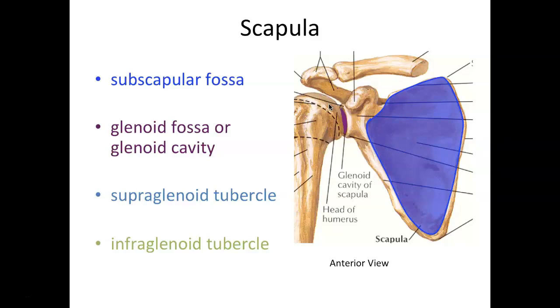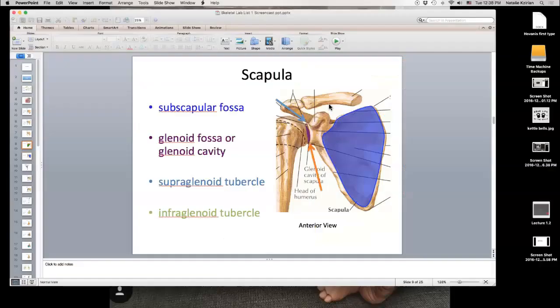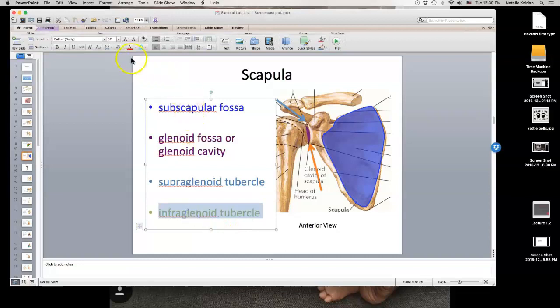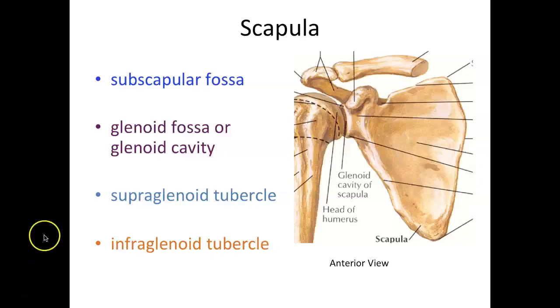So if we break this word down, supraglenoid tubercle, supra means it's above the glenoid process, and it's a bump there. And here, oh, my colors are totally off. This should be orange. The infraglenoid tubercle is a bump below the glenoid fossa. Okay, sorry about that. I don't know why that's happening.